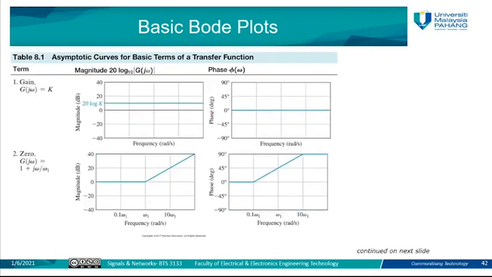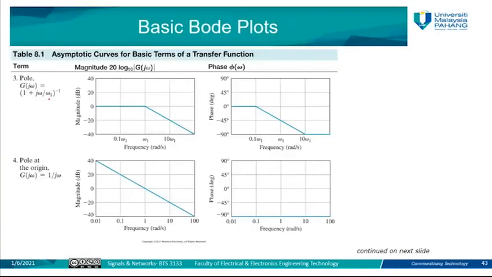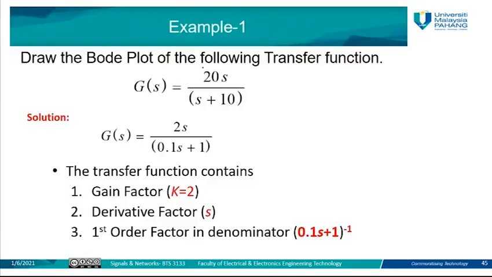Please go through this table and understand how we can apply it in our transfer function based on the component. What you are required to do is draw such a plot for each individual value. Later on, we are going to combine all these elements in one transfer function. If the transfer function includes all these elements, we are going to draw it as one Bode plot graph. And this is what we are going to do in example 1 next class.